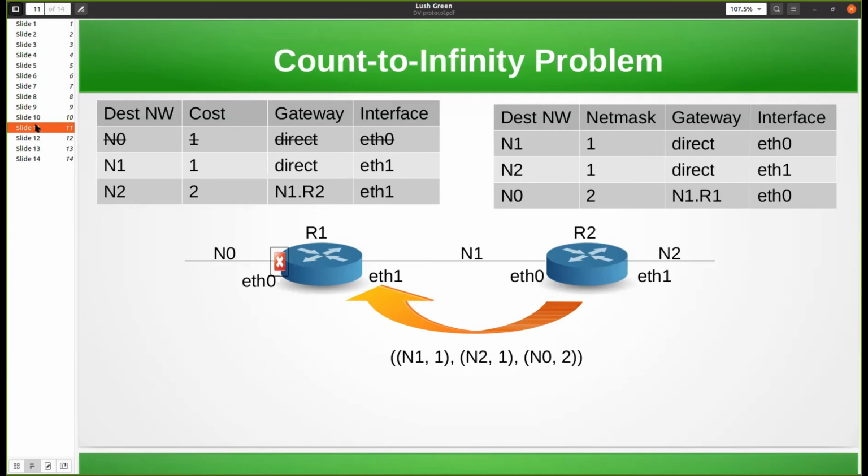Now you get an advertisement from R2, where you are getting N1 1, N2 1, and N0 2 as the advertisement. What happens? Based on the rules you have seen so far, what happens? R1 takes N0 2, right?